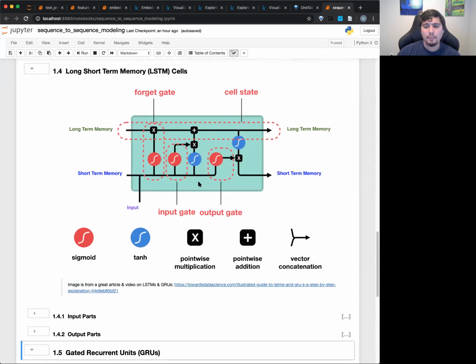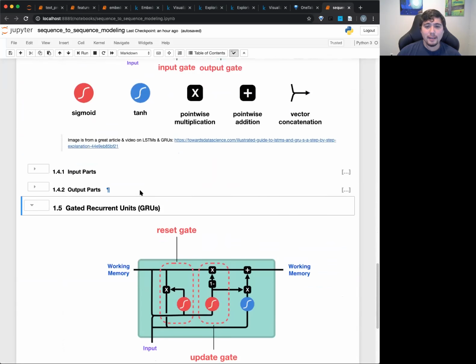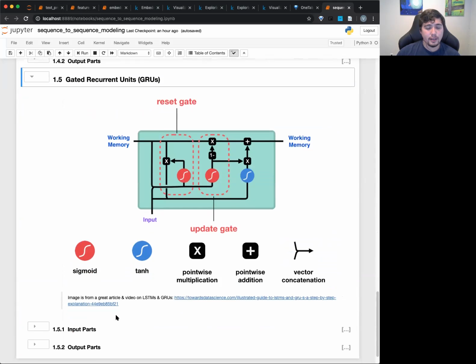I will say though, it's not mentioned in the curriculum, and I didn't even put it in this part of the notebook, but attention models have also been really, really useful. If you're curious about the most cutting-edge stuff, attention models were probably the big recent development that changed a lot of things in the past 1.5 to 2 years.